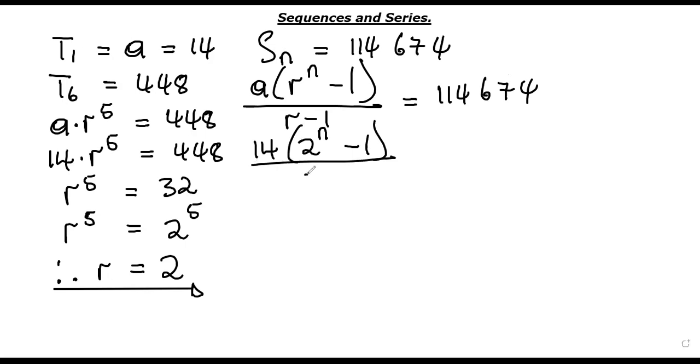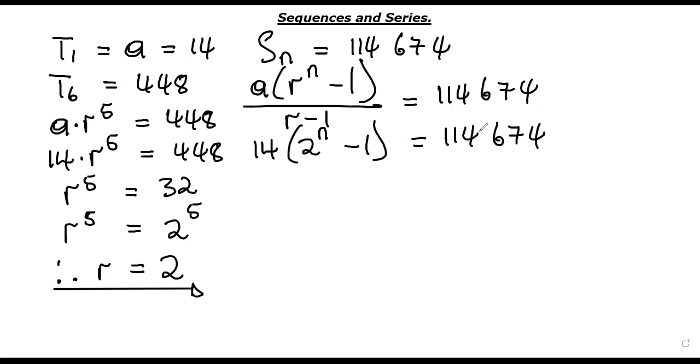In the denominator, we say 2 minus 1. Well, I'm just going to omit that part because 2 minus 1 is simply 1. And then we say everything is set equal to 114,674. Then from this point, we divide both sides by 14.